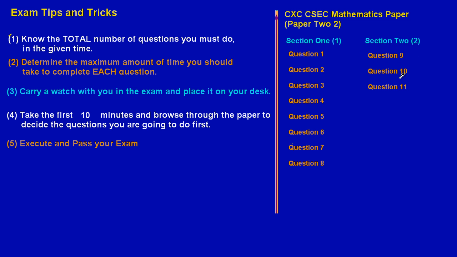All right, now let's just walk over here to my left. Step 1 states that, my friends, you should know the total number of questions you must do, which we have gone through. 8 in section 1, and any 2 from section 2, so that's a total of 10 questions we must do in the exam, and you must know the time that we are given to do the paper.